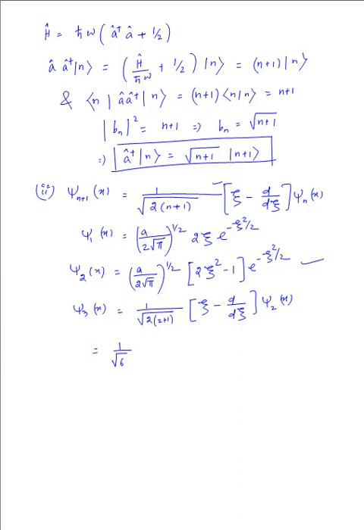Psi 2 has that value, that is a over 2 root pi entirely under root, raised to the power half, and the rest of the terms in psi 2 are provided over there.